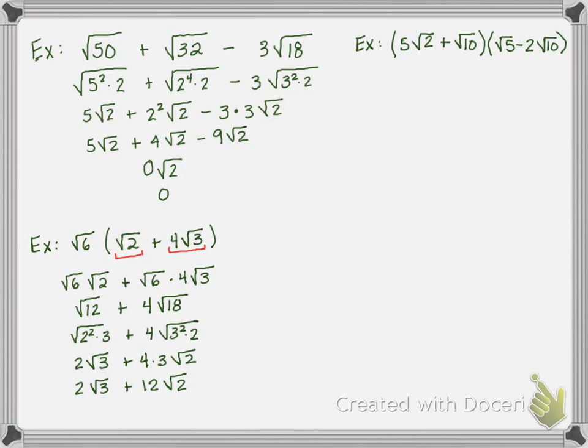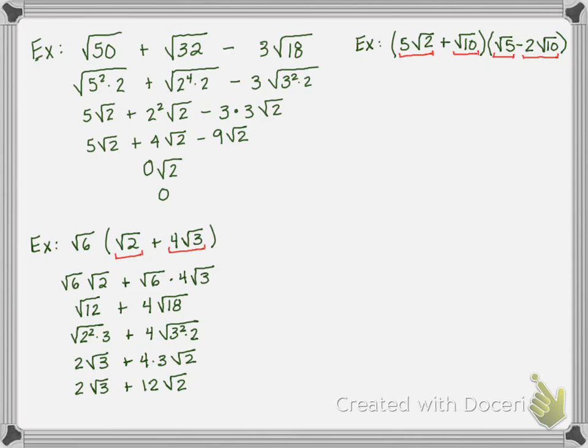So again, we're multiplying two factors. They both have two terms. So just like we do with polynomials, I'm going to distribute 5 times the square root of 2 to each term in the second factor, and then distribute the square root of 10 to each term in the second factor.